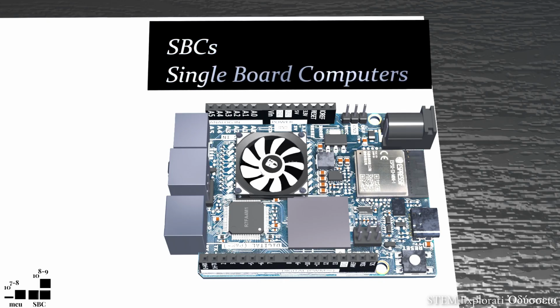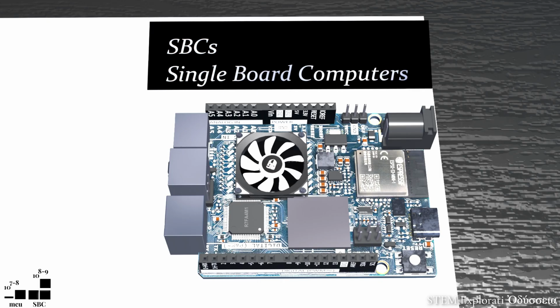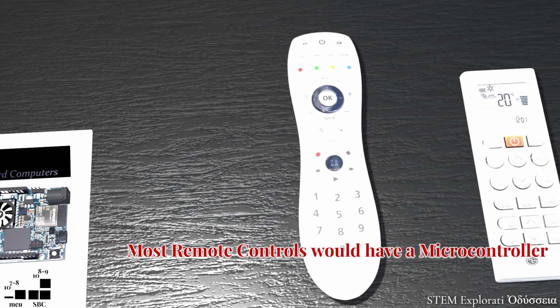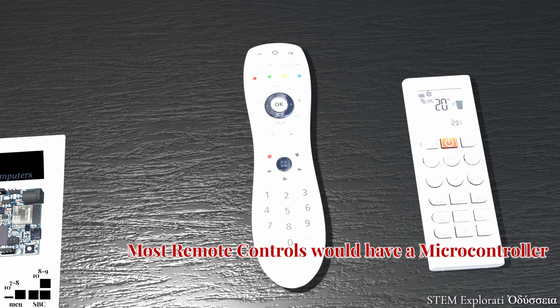Next, let's take a look at a few everyday uses of microcontrollers. A good everyday example is inside remote controls. In older remotes, manufacturers often use custom-built chips, hardwired circuits that could only send a fixed set of signals. But in modern remotes, especially the ones with displays or extra features, you'll usually find a tiny microcontroller running the show.